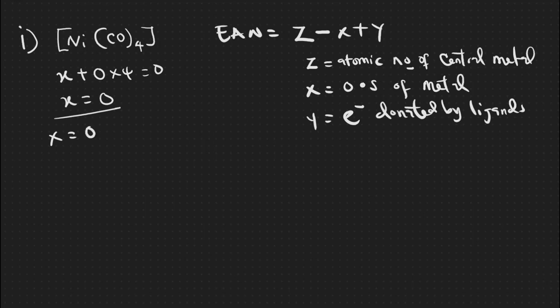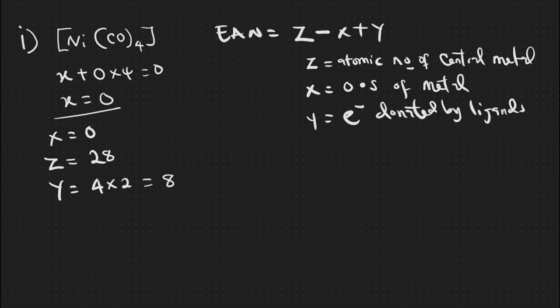Then the atomic number of nickel, in this case from the periodic table, is 28, and Y is the electrons donated by ligands. Remember, we have 4 carbonyl, right? Each of them will donate 2 electrons because it's always in pairs. So we're going to have 4 times 2, giving us a total of 8.